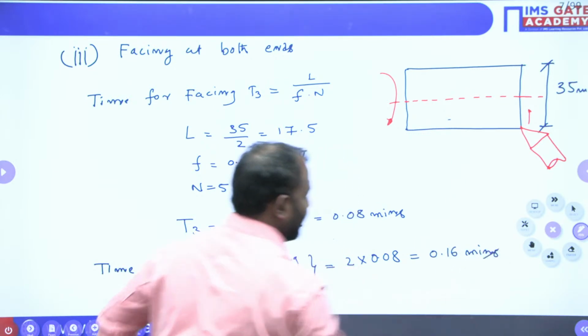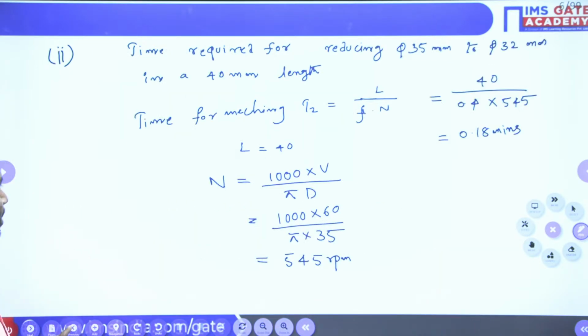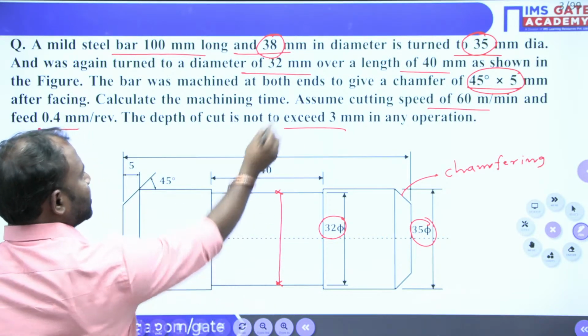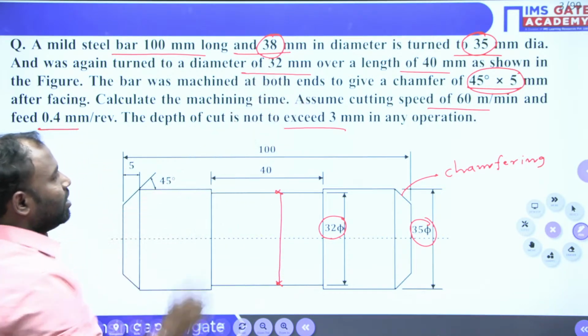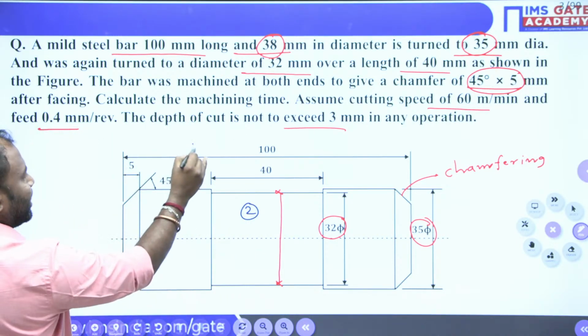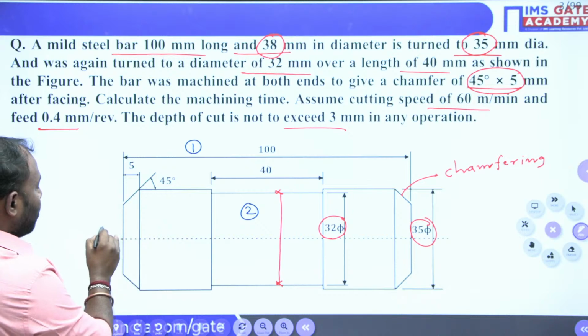All right. Now we have done turning and facing also. Two turning operations: the first turning operation is 38 to 35, and the second turning operation is the second one, and then the facing operation we have done.